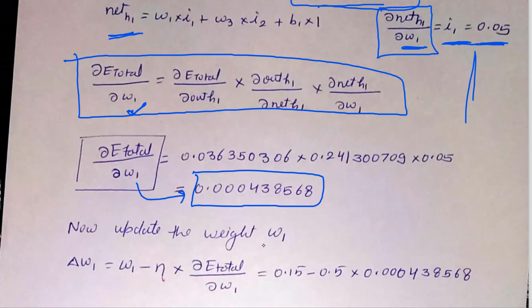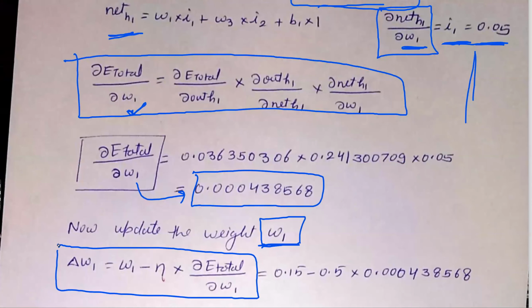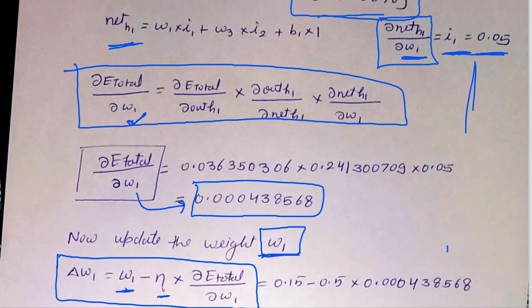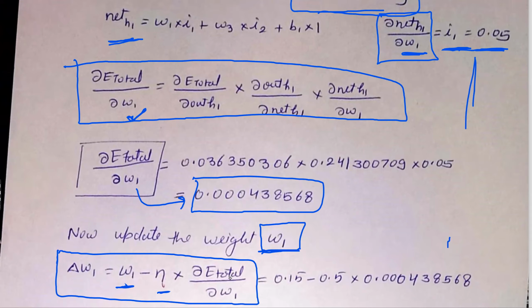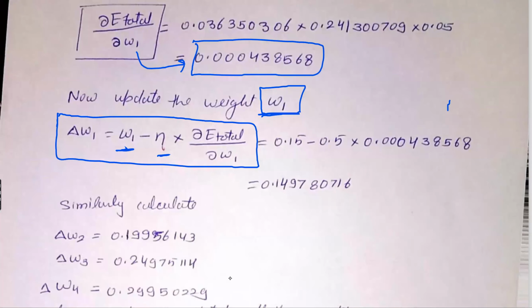Now we will update the weight W1. How will we update this value? With the help of this formula, as we used to update the weight W5: the older value of W1 minus eta times the differentiated value. We will substitute all the values, and then we will get the updated value of weight W1, which is 0.149780716.